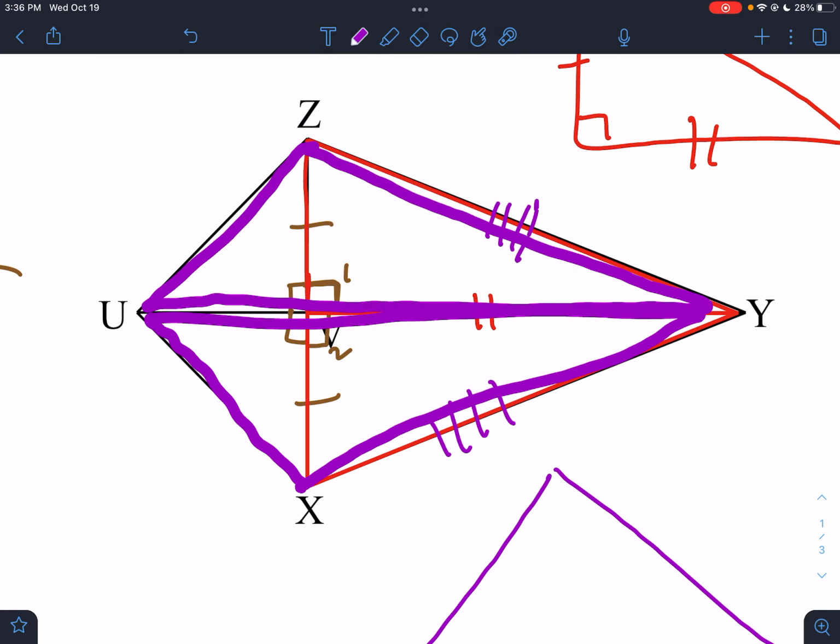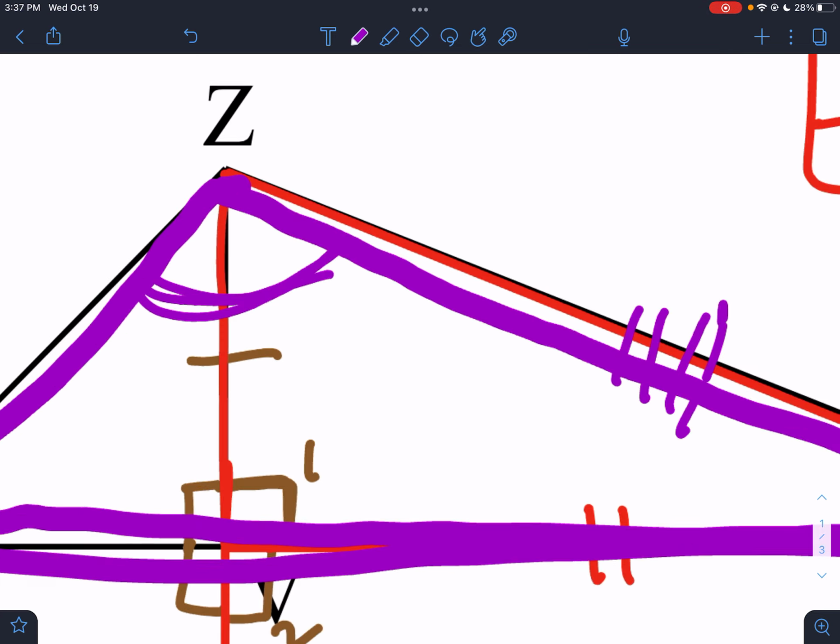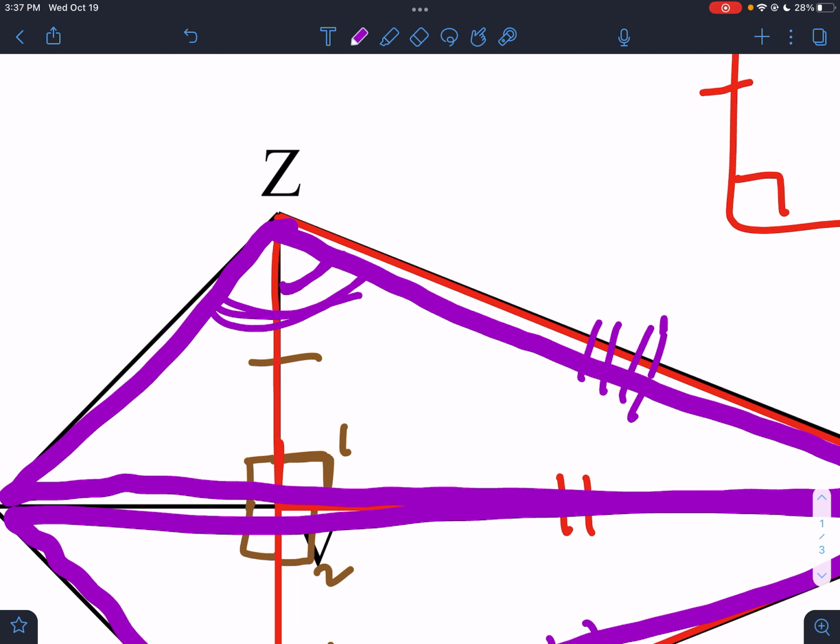What do I mean by that? How many angles use the letter Z? 1, 2, 3. Ooh, it makes a little smiley face. 3 angles use the letter Z. So just because they both have the letter Z doesn't mean it's the same letter Z. The purple Z is the whole thing. But look, the red Z is just that part. So they don't both have the same angle Z.